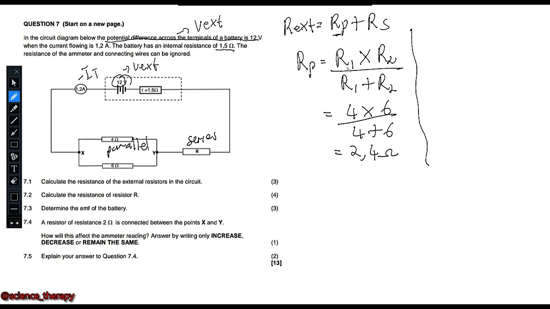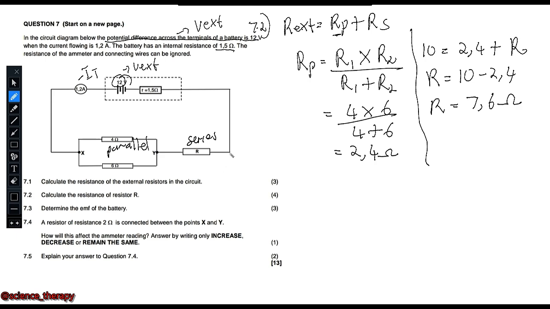Then, substituting into the formula, R external is 10, my R parallel is 2.4, and my R series is just resistor R. So I must say 10 minus 2.4, and I get that resistor R is equal to 7.6 ohms. So that's how you could have tackled that one. Quite easy, right? That was 7.2.